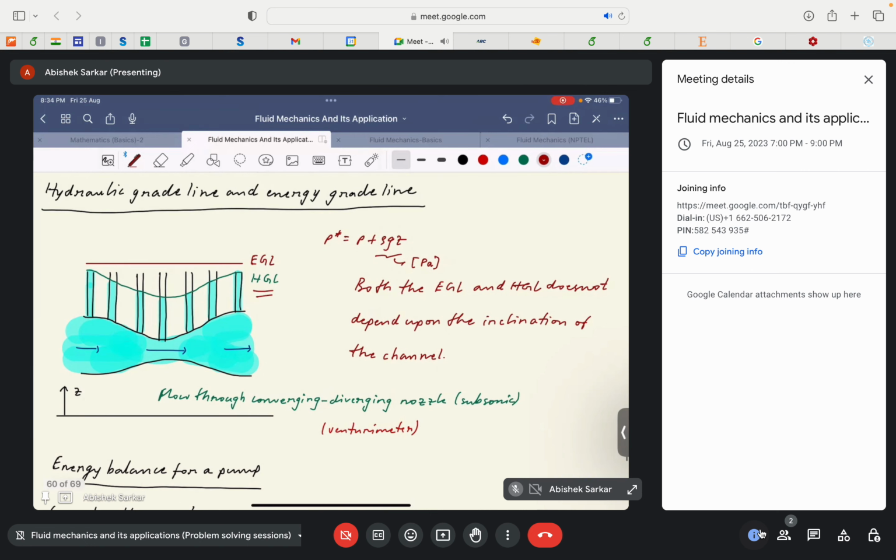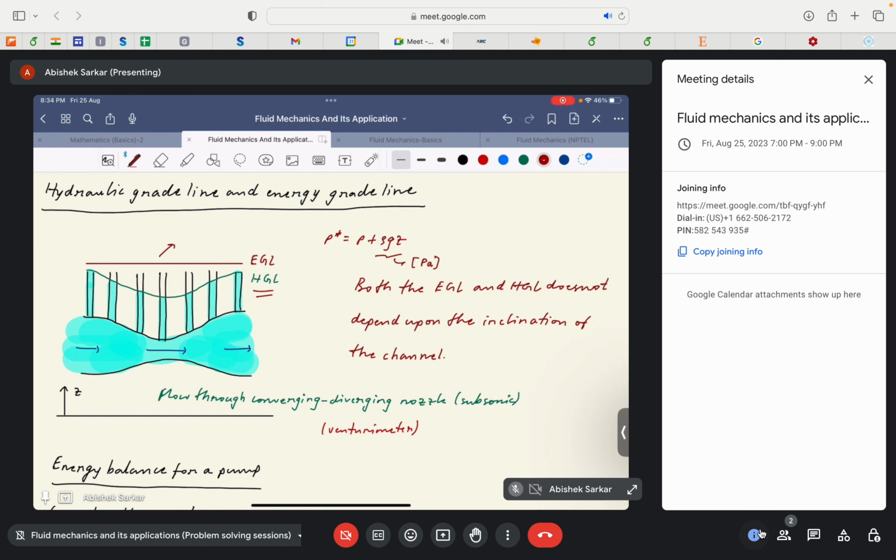Okay, and if we now also incorporate the pressure because of the velocity of the fluid, then the line that represents the effect of velocity as well is termed the energy grade line.